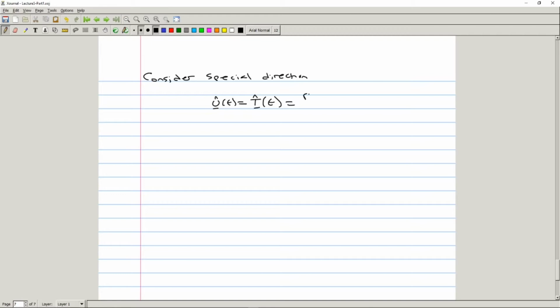Remember, the tangent vector of the curve is the derivative of the position vector along the curve over the magnitude of the derivative, or in terms of arc length, is just dr ds. This is one of the things that we showed. So if we consider this special direction, what we actually end up getting, and this is in many sources just called the line integral.